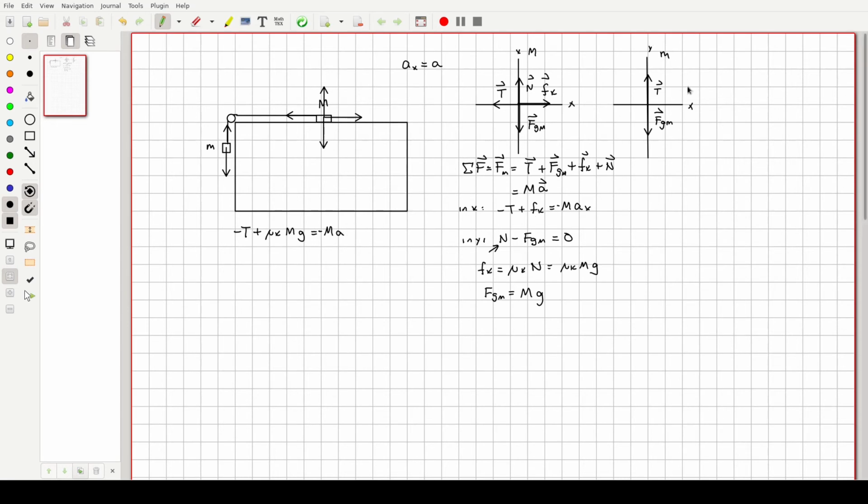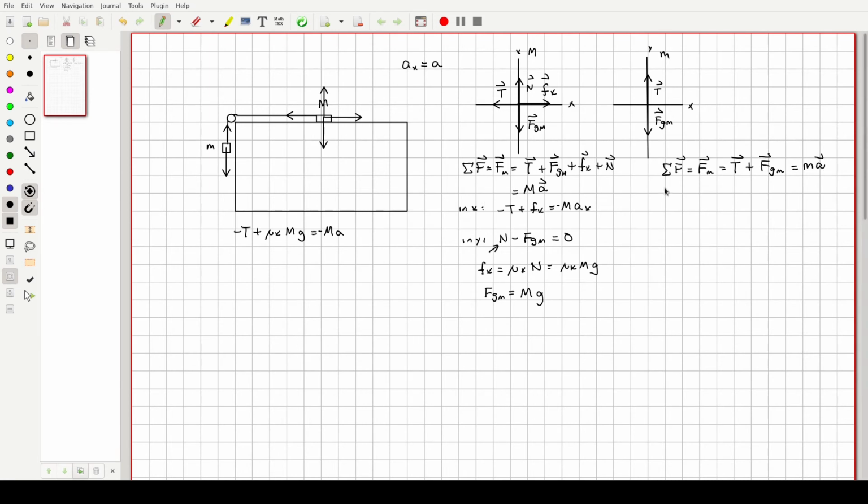Okay, now let's take a look at little m mass, and we'll sum up the forces on it to get the net force, which I'm going to call F sub little m. We have a tension. We have its weight. And those are going to add up to cause little m to experience acceleration.